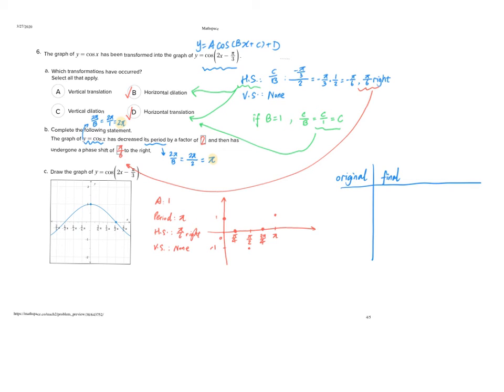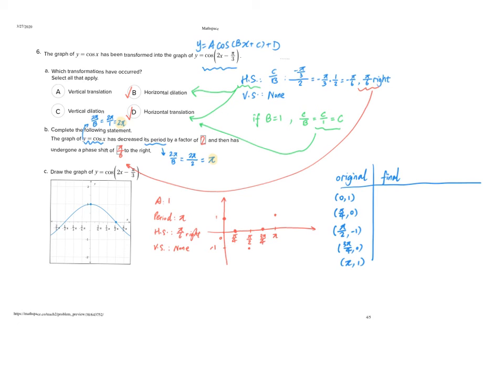My original points are 0, 1; pi over 4, 0; pi over 2, negative 1; 3 pi over 4, 0; pi, and a positive 1.